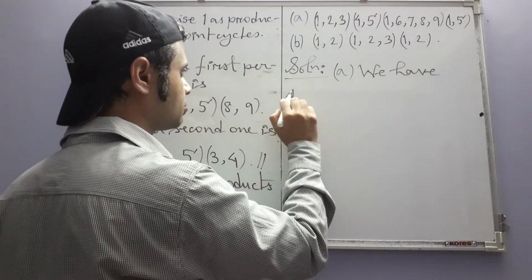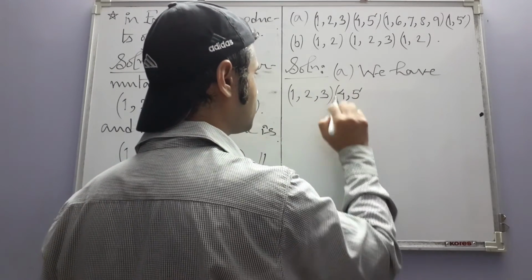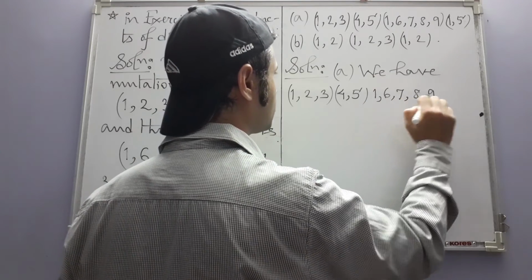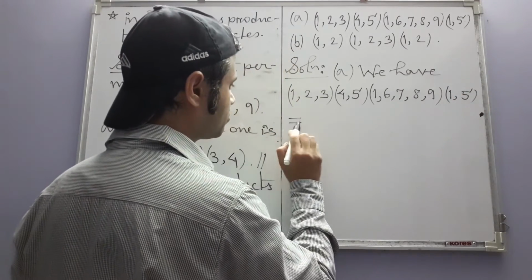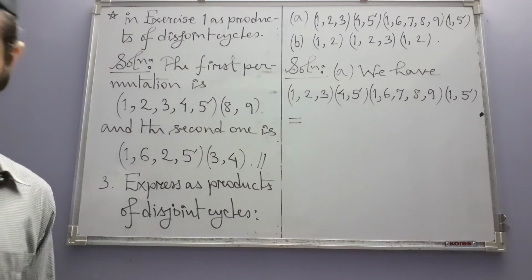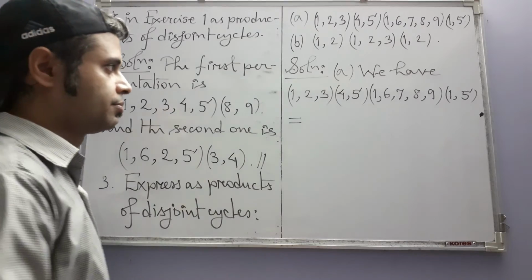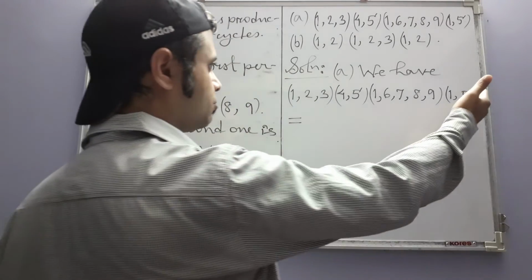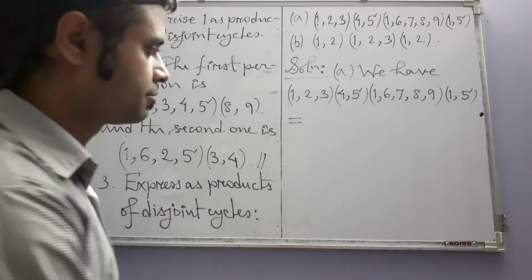We have this equal to, okay. Now, how shall we calculate the product? I mean, which order should we follow? Should we start from this side and then move towards the right, or should we start from this side? That will depend on your notation of functions.